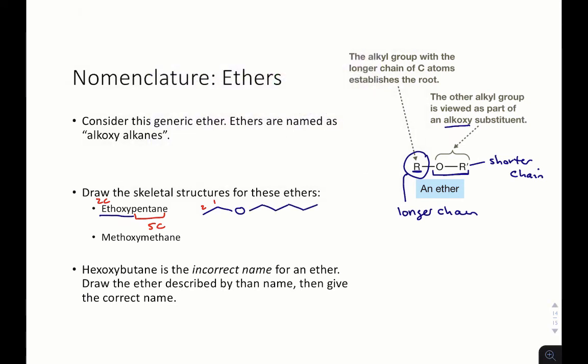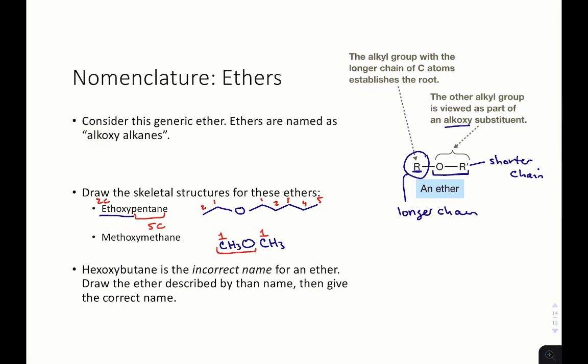So 1, 2, 3, 4, 5. Put in the numbers just to be sure that we did it correctly. Awesome. So ethoxypentane. All right, methoxymethane. Well, methoxy would be a CH3 and an O. Methane is a 1-carbon chain. Okay, 1 carbon, 1 carbon, methoxymethane.